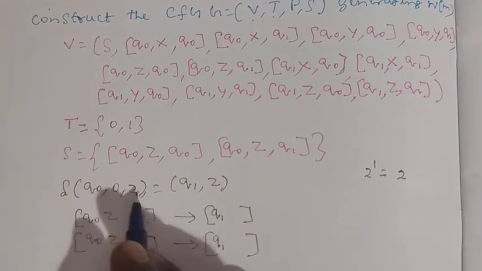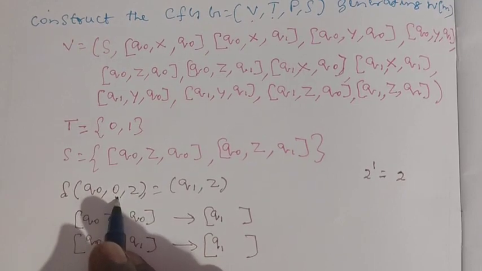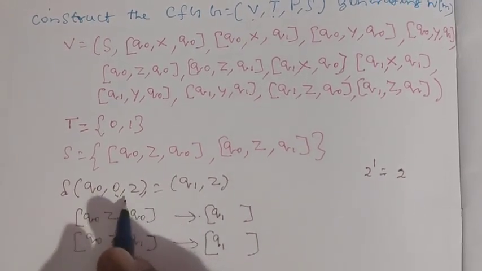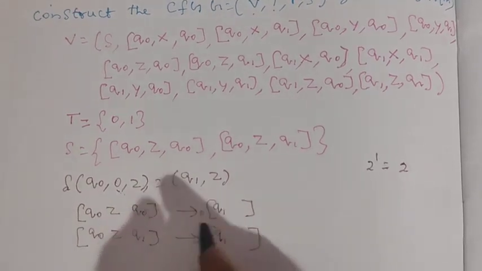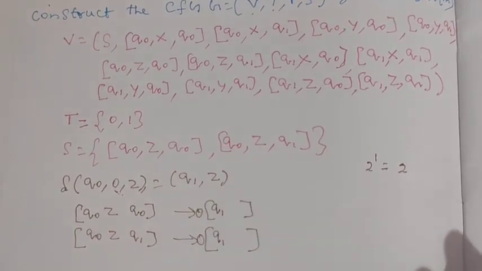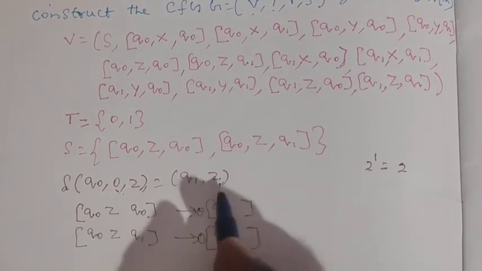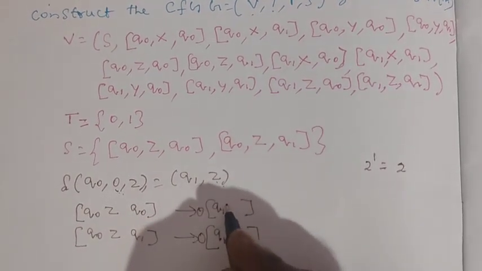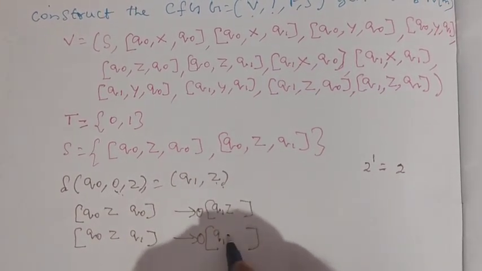Okay. Now what about this? This 0 is called the input. You bring this 0 here. So we will write 0 here. And bring this Z here. Z is the topmost symbol of the stack after the transition.